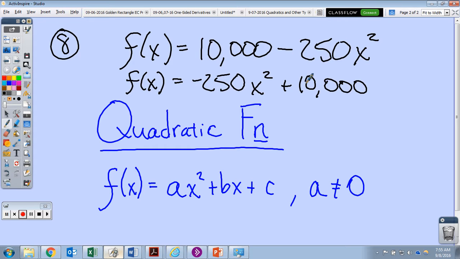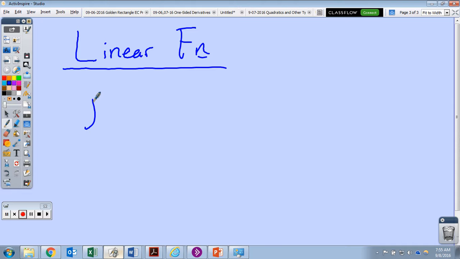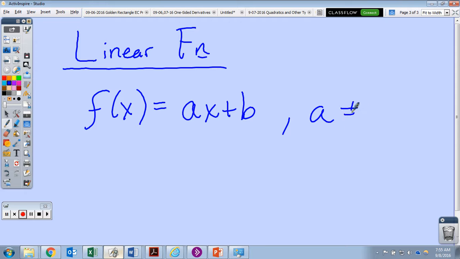A linear function is going to fit this model: ax plus b, where a is not equal to 0. The highest degree is degree 1.